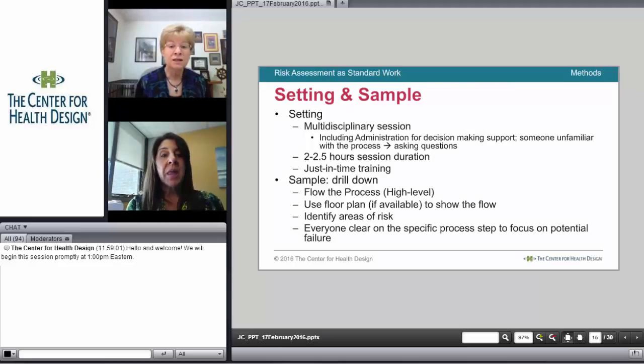Okay. Then here, this talks about what actually occurs during the FMEA process. Typically, it takes about 2 to 2.5 hours, because usually you do just-in-time training. What is the FMEA tool? That occurs in the beginning. And then you have to have a multidisciplinary team that really understands what's at hand.